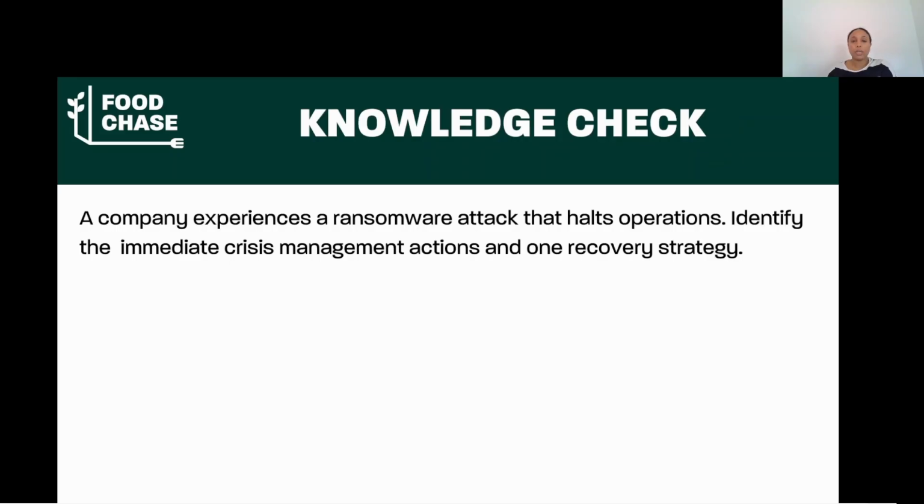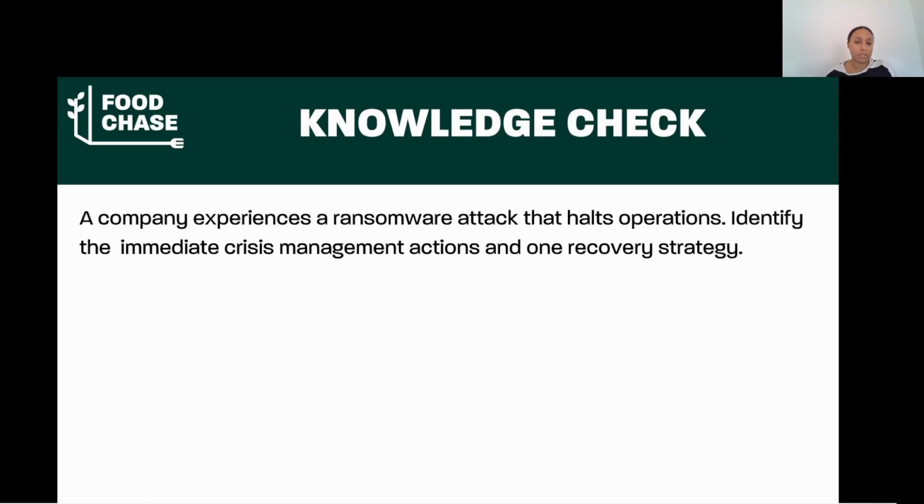So let's do a knowledge check. A company experiences a ransomware attack that halts operations. Identify the immediate crisis management actions and one recovery strategy. So let's go through this.